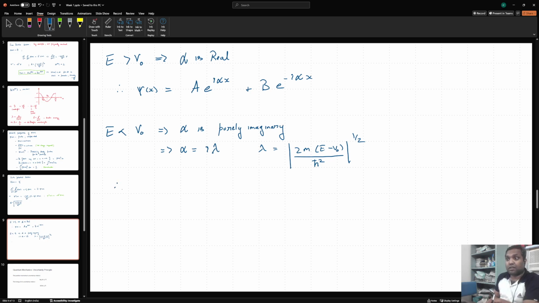Therefore, psi of x is going to be A e to the power minus lambda x plus B e to the power lambda x. If I substitute iota times lambda, iota squared is minus 1, and minus iota squared is of course 1. So this is the form of the solution that I'm left with, and this is a real quantity. Please remember that.